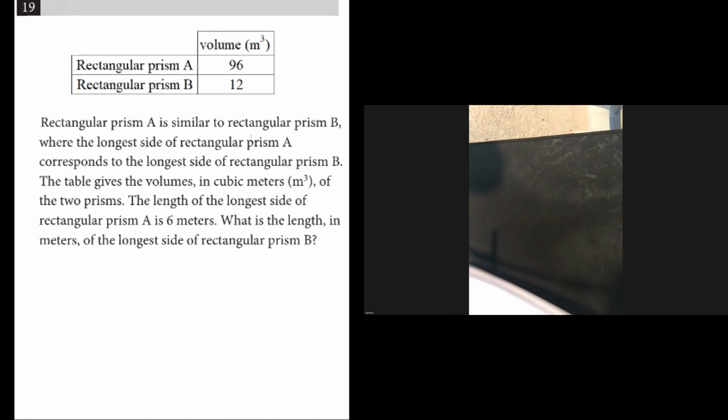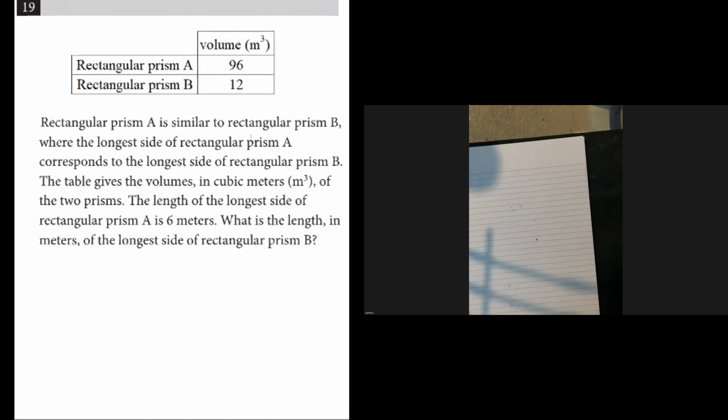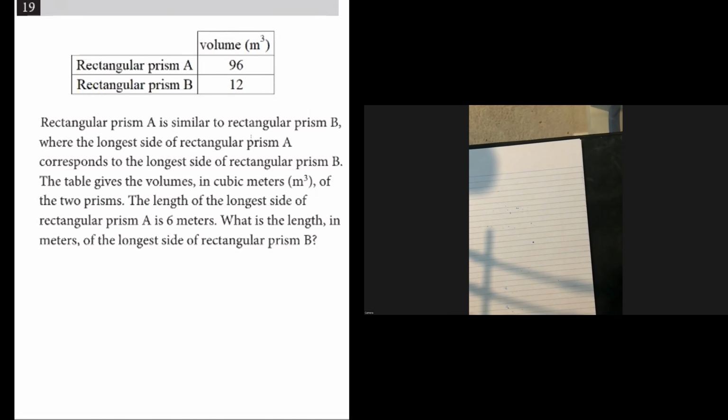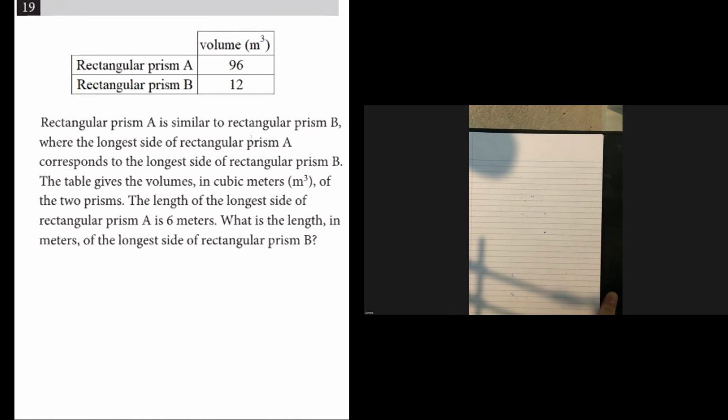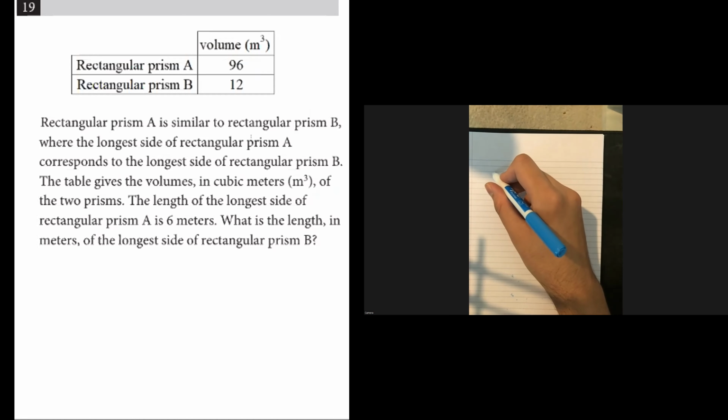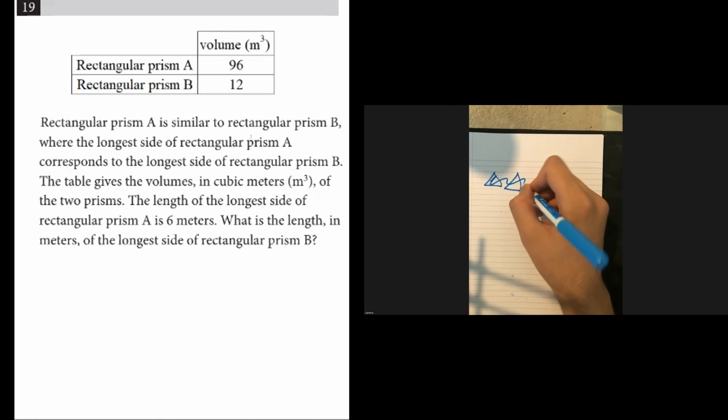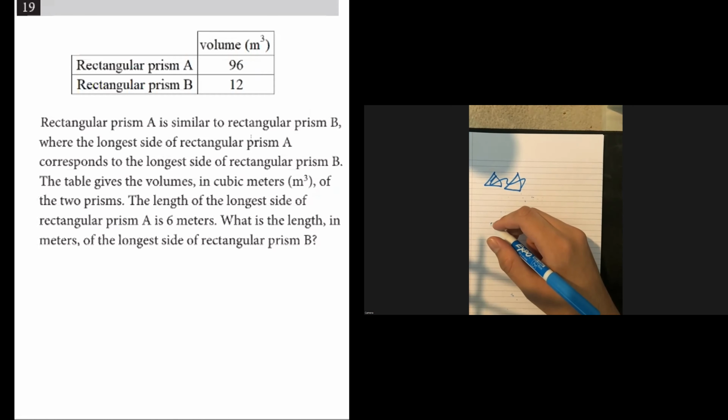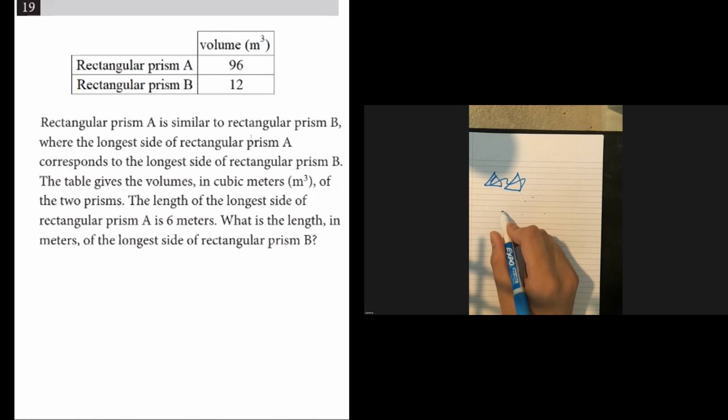So for this one, we're given the volume of 2 different rectangular prisms. And we have that prism A is similar to prism B. So if we remember, similar is like that. Or never mind, that's a horrible drawing, but whatever. And the longest side of A corresponds to the longest side of rectangular prism B. So let's draw these.